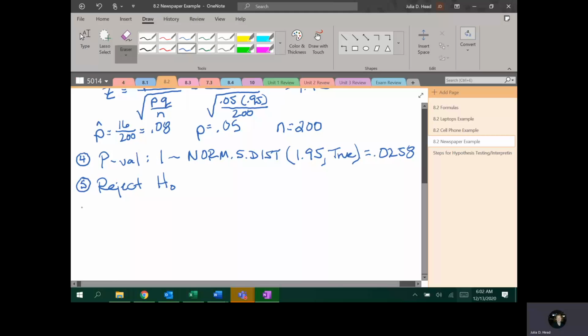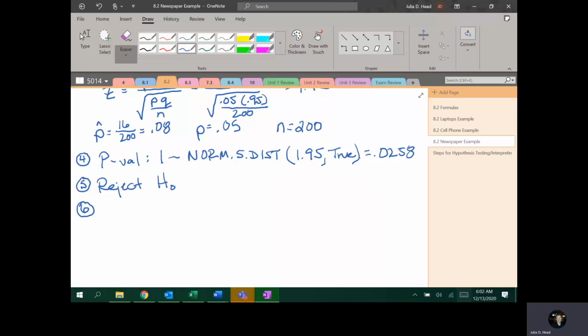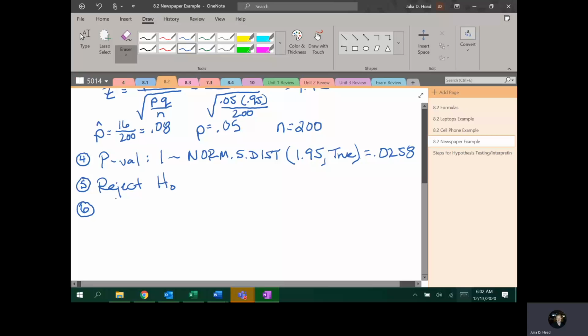And your interpretation, your book provides a good interpretation, but it's just not my favorite. I'll use it when we get to section 9.3, but for the next few sections, I prefer to do something else, and I prefer to do it in 2 sentences. So start with the significance level.